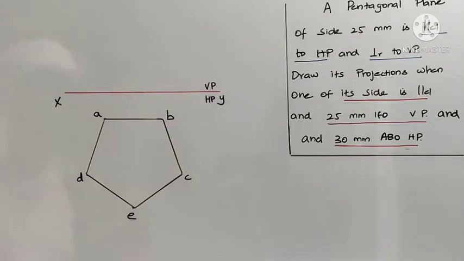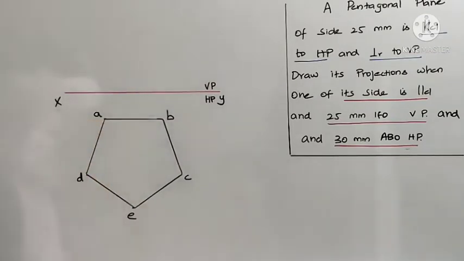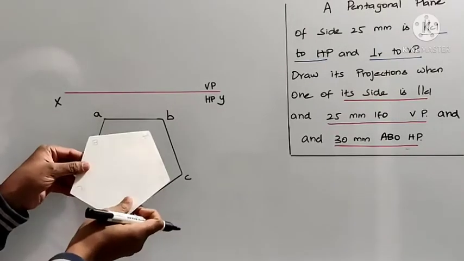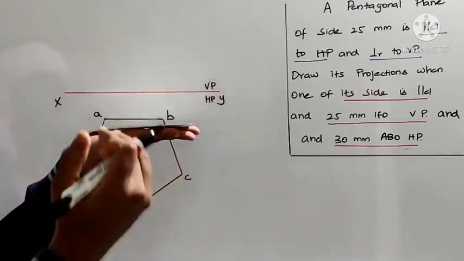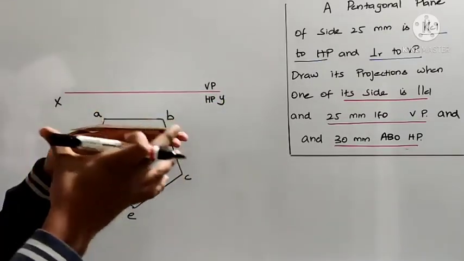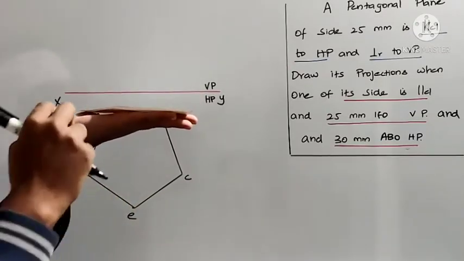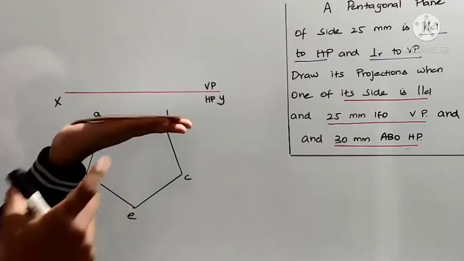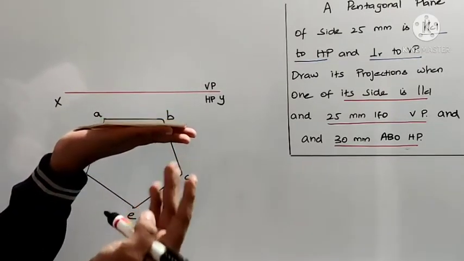Next you need to draw the front view. This is my pentagon. If you are seeing from the front view, you will see a straight line. Obviously you are able to visualize, right? You'll be seeing a straight line. But what is the width of the straight line?